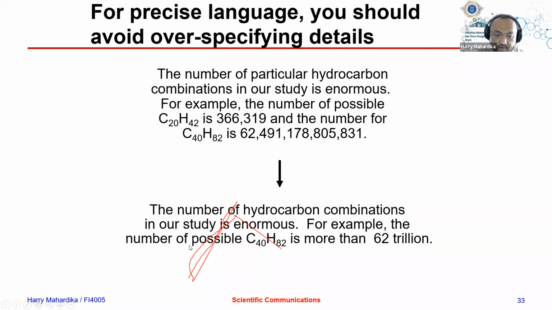For example, the number of possible C40H82 is more than 62 trillion. So instead of using the exact number, 62,491, etc., and so on, we just use 62 trillion.